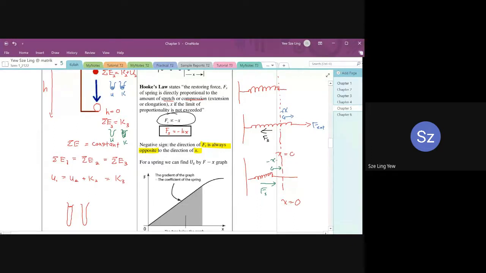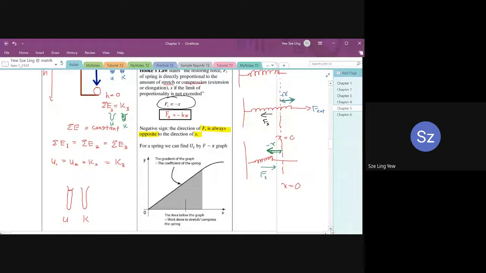So displacement is going to the left and force is going to the right. They are always in opposite directions. It doesn't matter whether you compress it or stretch it. If you stretch, the displacement goes in the positive direction; if you compress, it goes in the negative direction. They are always opposite to each other. That is the reason why Fs is directly proportional to negative x. The negative sign is very important. It tells you it is always opposite.